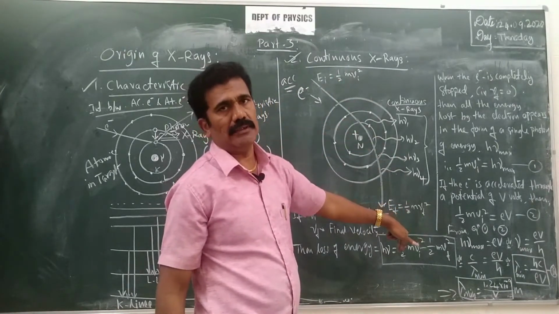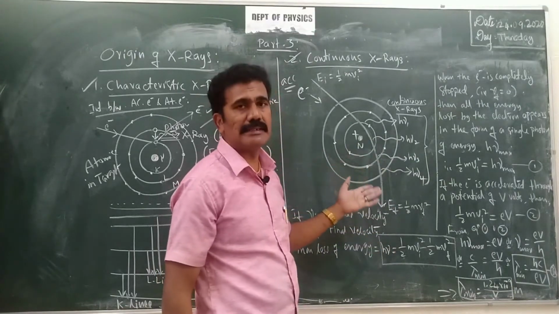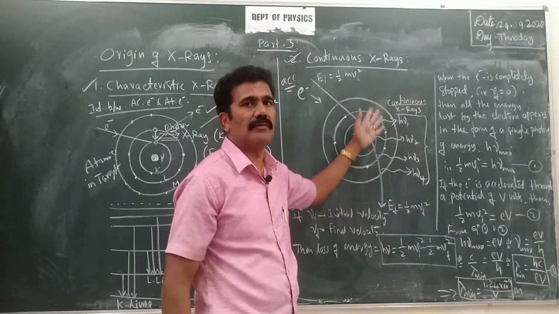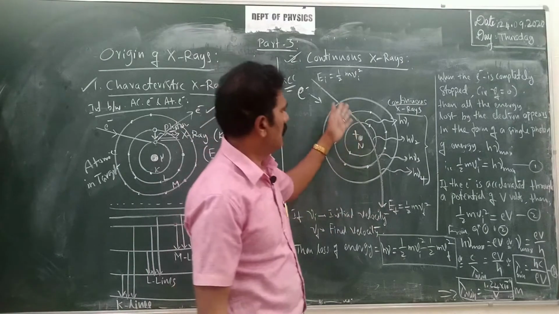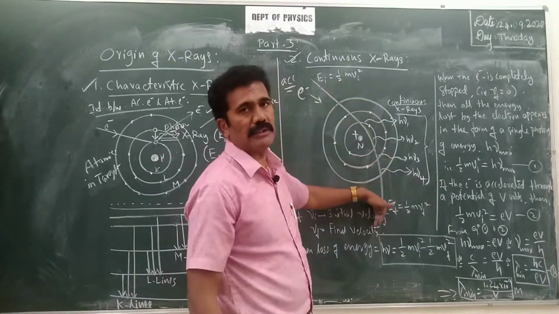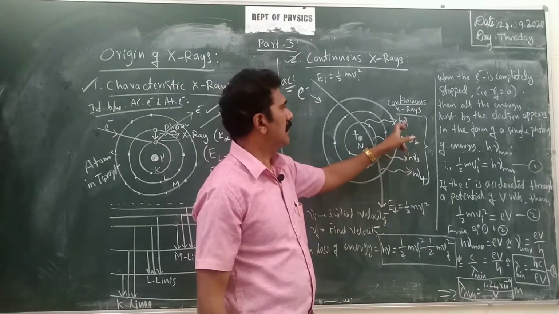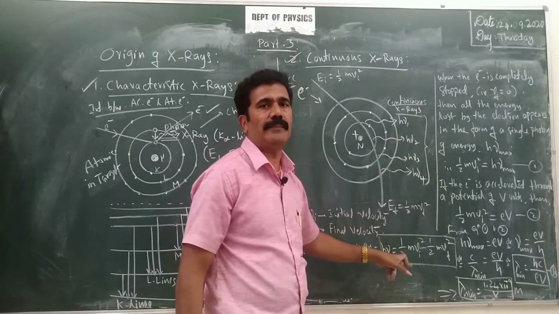So where does that loss of energy go? It is emitted in the form of photons of different wavelengths and different frequencies. Because of continuous loss of energy, we have continuous emission of photons with photon energies h nu 1, h nu 2, h nu 3, h nu 4, etc.